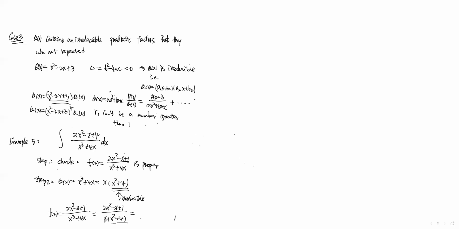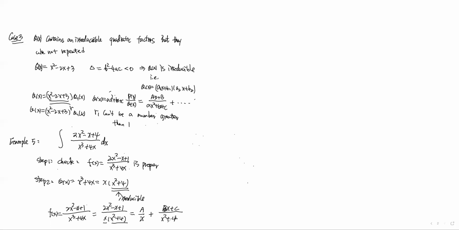So this is reducible. This is a linear factor. By the method, we have A over x, plus, like what I said before, one term with x squared plus 4, and the numerator is Bx plus C.